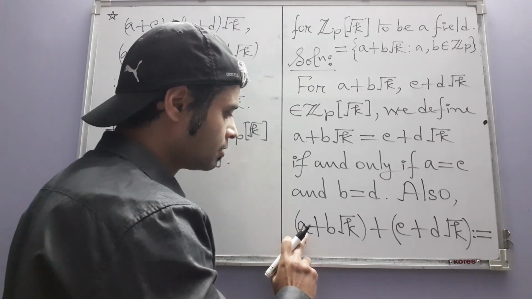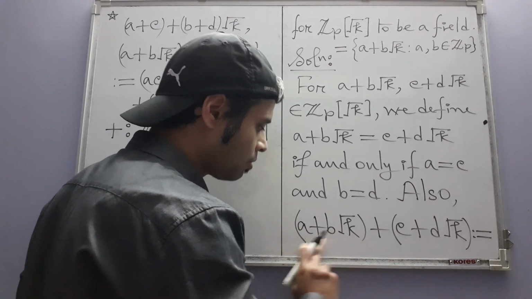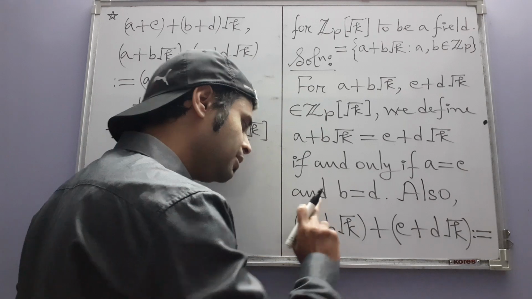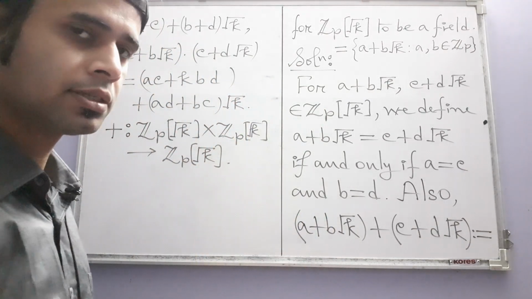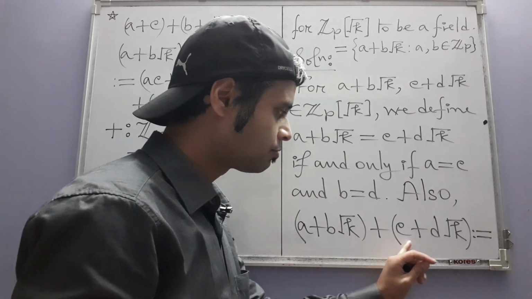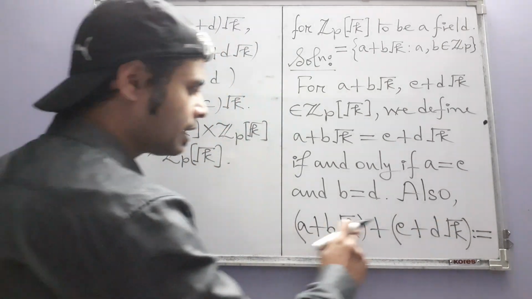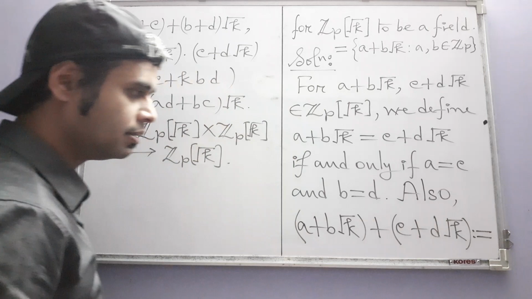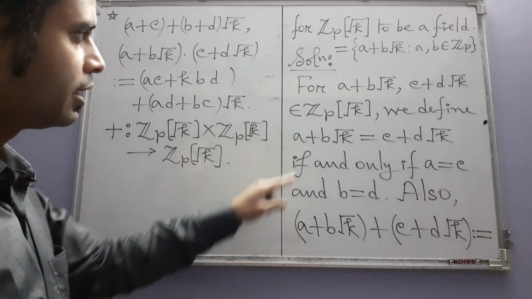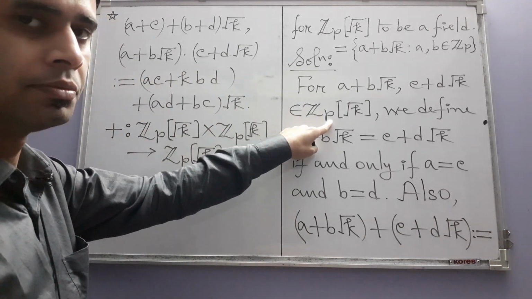So that's why for a given symbol like this, A and B are uniquely determined for that symbol. Just like that, for this symbol, C and D are uniquely determined.